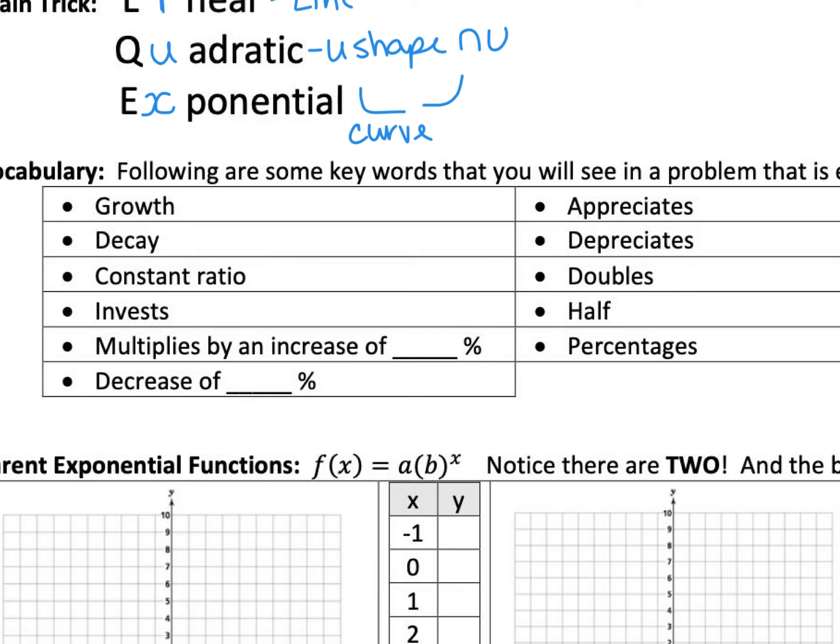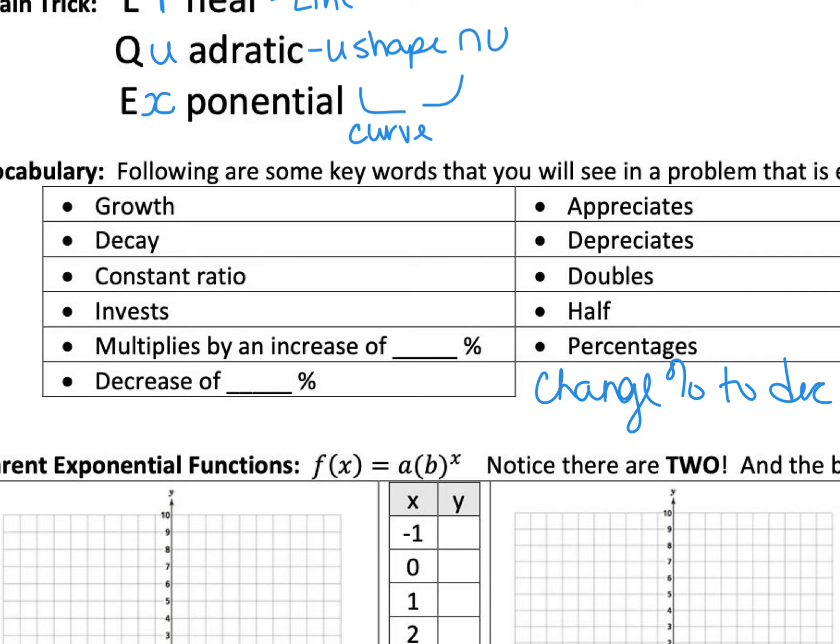You just didn't know what it was called. Invest, multiplies by a percent, decreases by a percent. If we have percentages, it's going to be exponential. Appreciate, depreciate, double, half, and percentages. And remember, we always want to change our percent to a decimal. Always. That's going to be really important here.